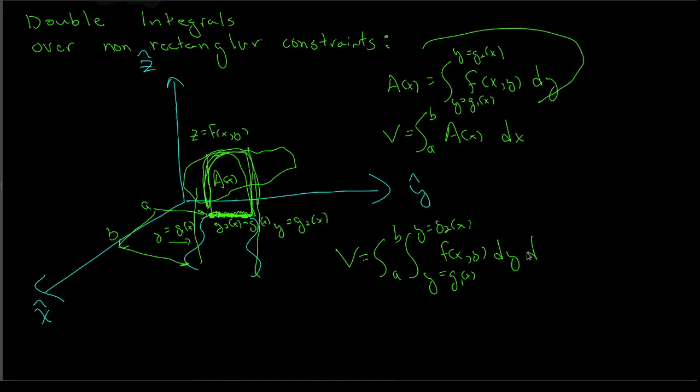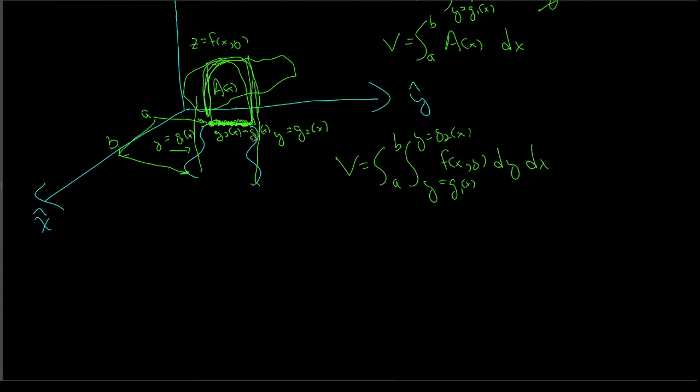We integrate y first and then x. And so we can make our constraints non-rectangular. We can have an element in here that's constrained by a function or two functions. And we use these functions to make our bounds of the inner integral.